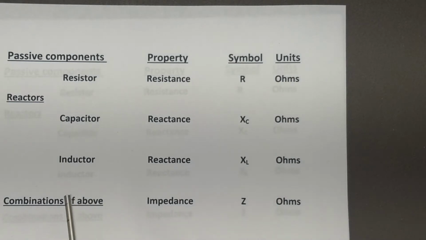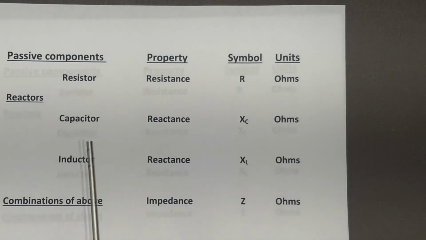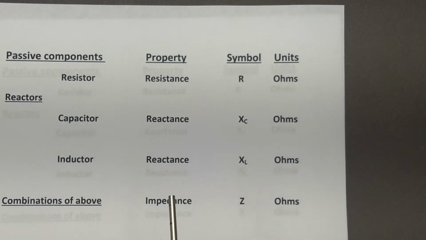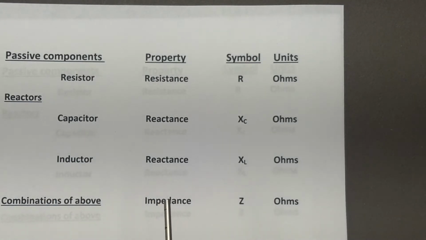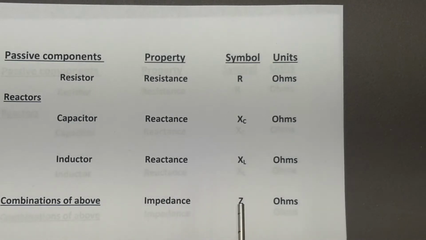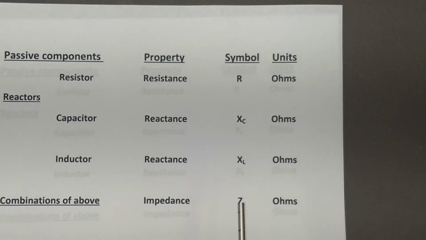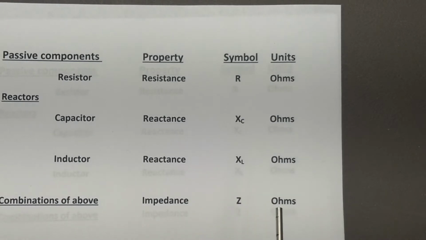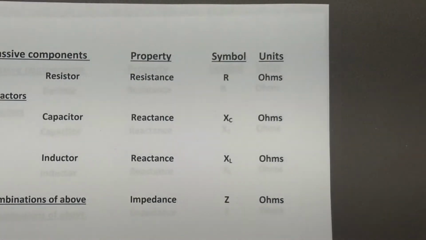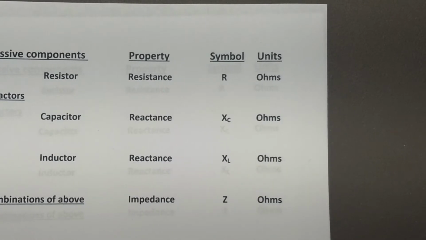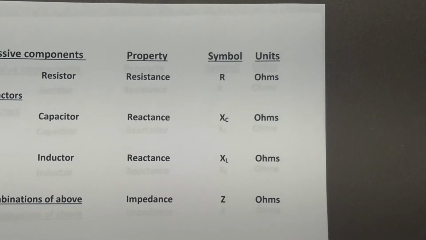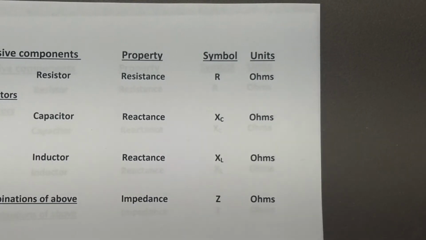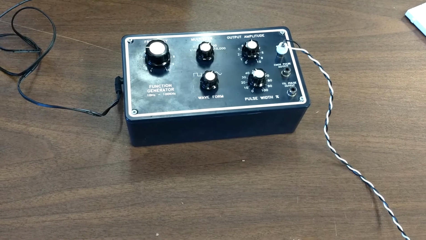Now we can have combinations of the three in a circuit, and when we do, the property is called impedance, and that's designated by the symbol Z, and again the units are ohms. Now that we've covered the terminology, we can look at capacitors and inductors as circuit components. Here's our setup.